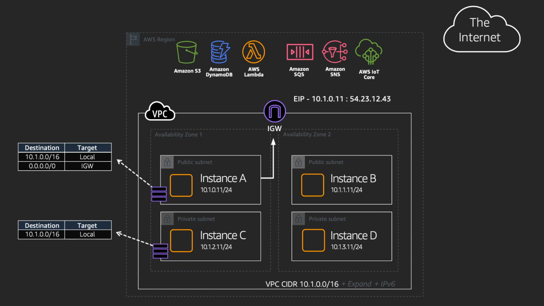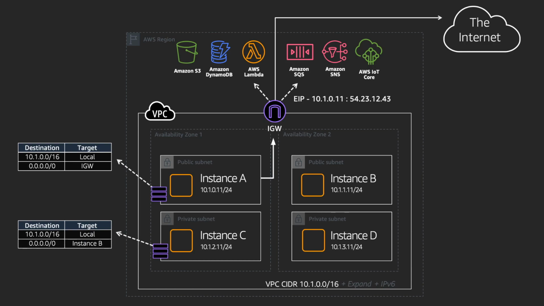What that allows instance A to do is reach out through the IGW and communicate with public services, but then also communicate with the internet and vice versa. Something in the internet could do an inbound connection to the 54 address, and it would get NATed, or network address translated, through to the 10.1.0.11 address and transit down through to instance A.